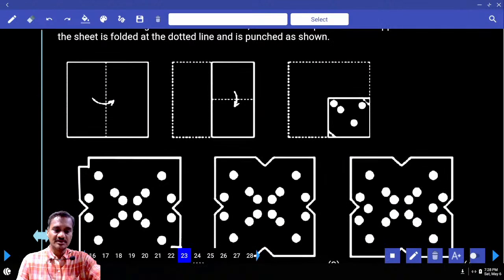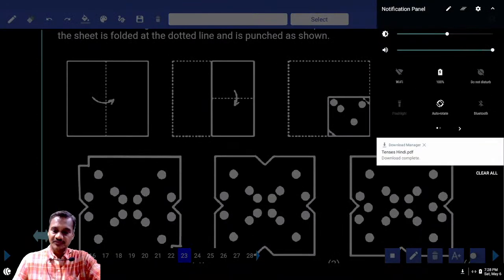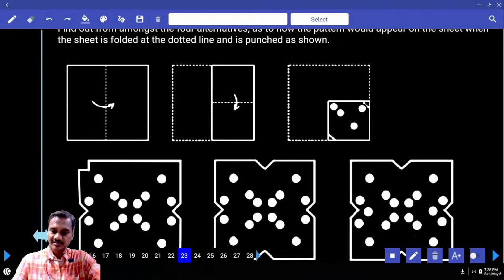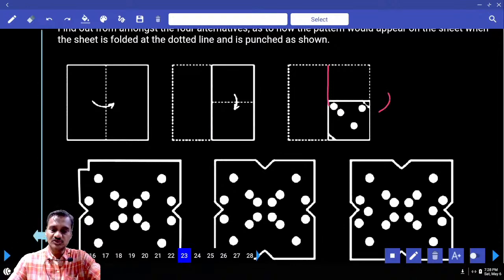The next one, the figure that is folded and cut. Now from here to here, the same element, this figure will be like this. That means from top to bottom. Now when it is opened like this, how should it look? These three will be like this, and this will be open to this point.